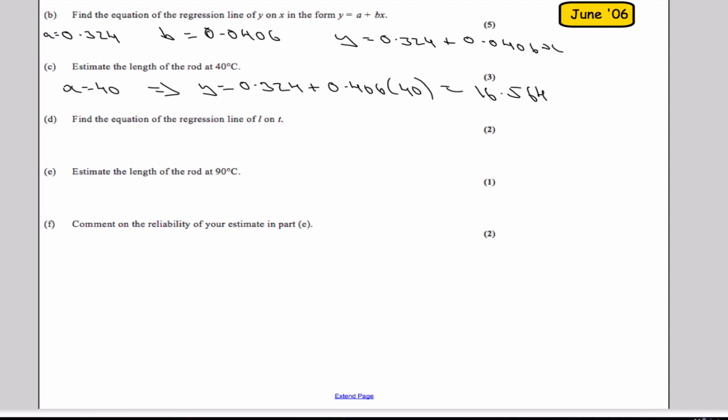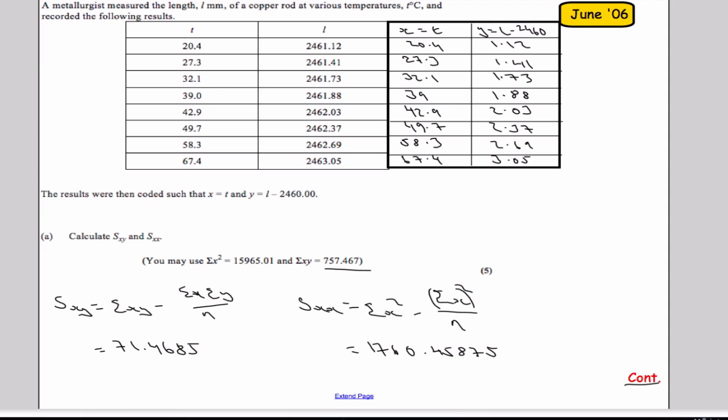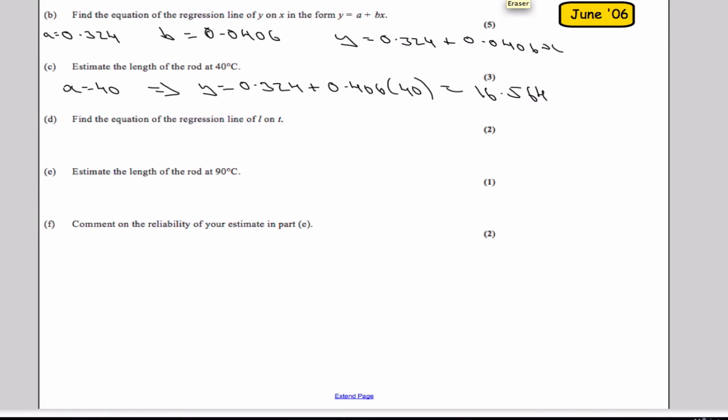16.564. Now, is that going to give me a correct answer? That gives me a value for y. However, y was coded by doing that transformation. So y equals L minus 2460. So I know that y is this.